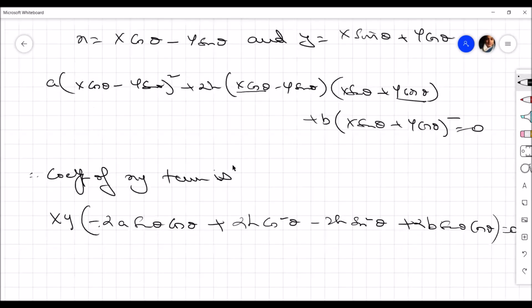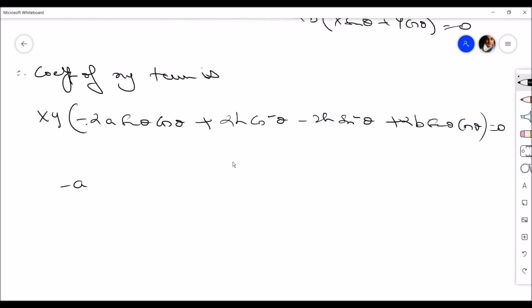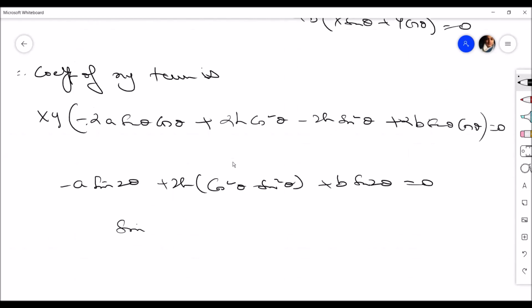So I'll just further simplify this. So a as it is, minus as it is, 2 sin theta cos theta is nothing but sin 2 theta, plus 2h into cos square theta minus sin square theta in these two terms, plus b into sin 2 theta is equal to 0. So from the first and last terms, I can take out sin 2 theta common and I'm left with b minus a, plus 2h into cos square theta minus sin square theta.